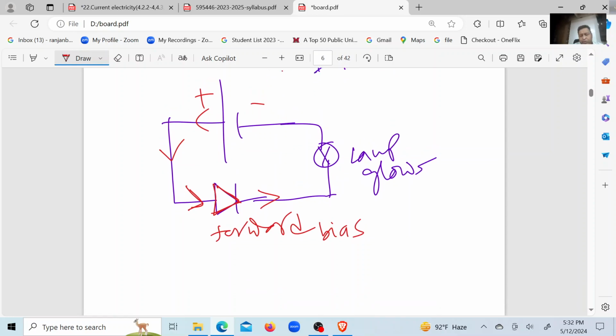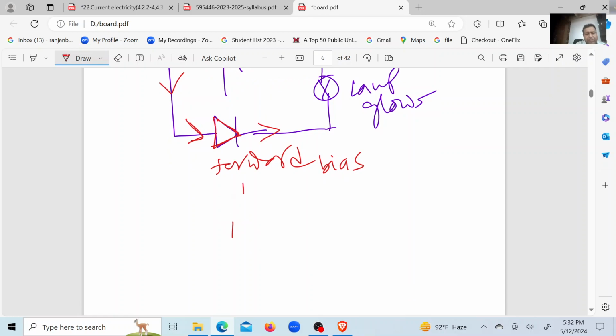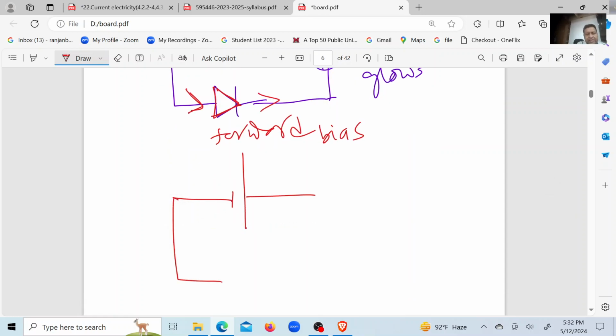Clear? Now if you reverse either the diode or the cell, the lamp will not glow and the current everywhere will be stopped. For example, if you reverse the cell, it is a negative voltage now, then the current will be blocked totally.